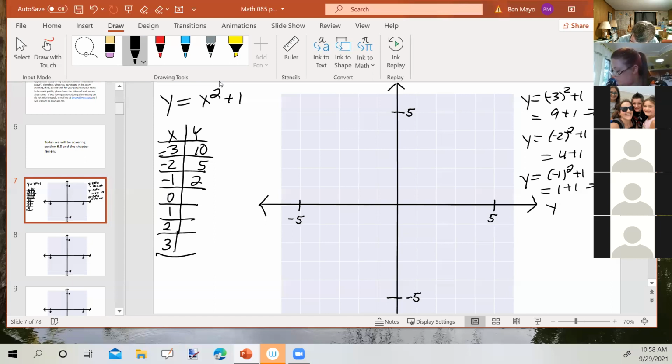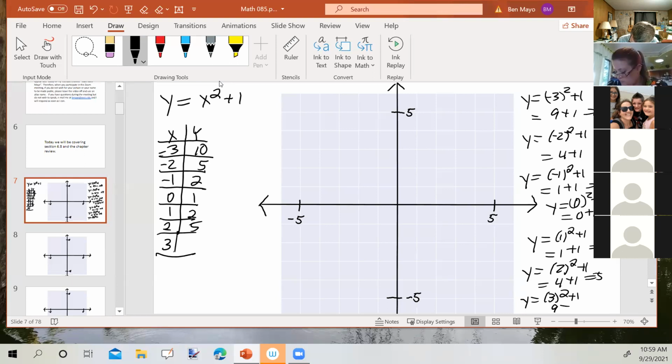If x is 0, y equals 0 squared plus 1, which is 1. If x equals 1, y equals 1 squared plus 1, which is 2. If x is +2, y equals 2 squared plus 1, which is 5. And if x is +3, 3 squared plus 1, 9 plus 1 is 10.